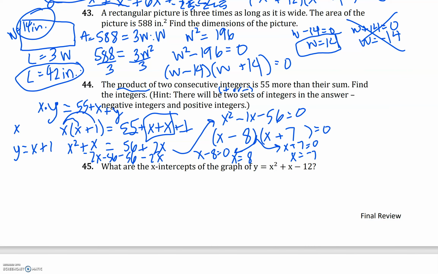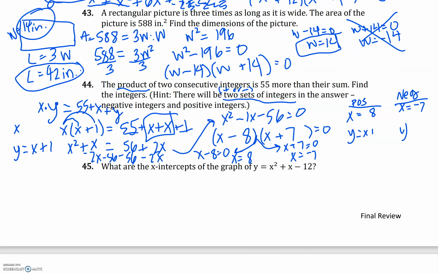Now if I look at just the numbers, those are just the x values. I still need to find y values. And we said in the problem that the integers can be positive and negative. So there's our hint. We're going to have two sets of integers in the answer. So we'll have x and y for positive, and we'll have x and y for the negative integers. So we already have our positive x, that's 8, and our negative x is negative 7.